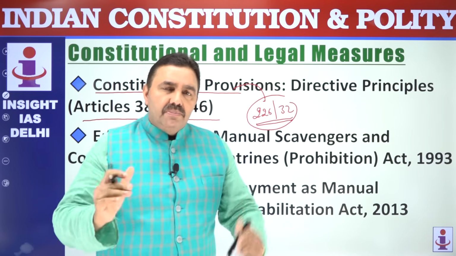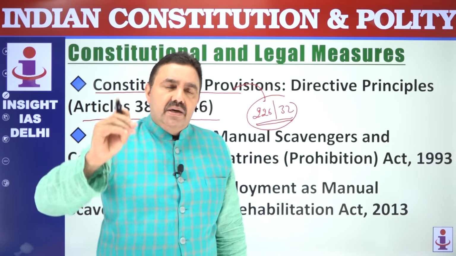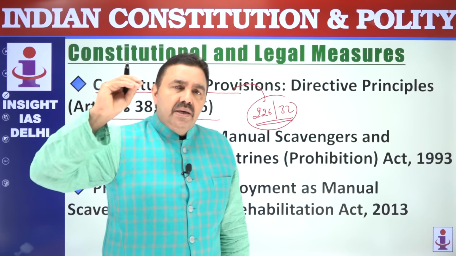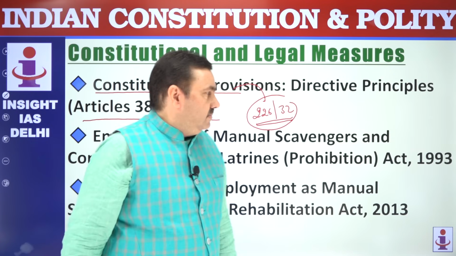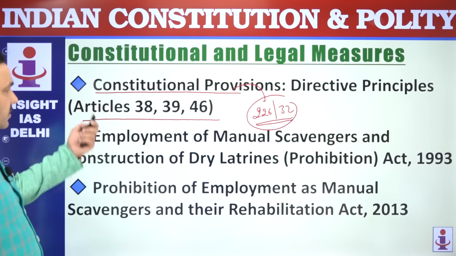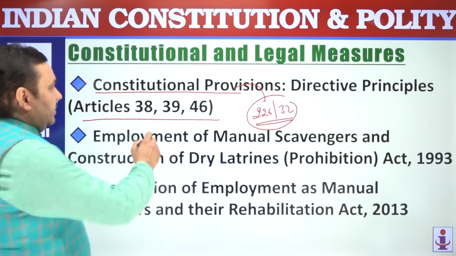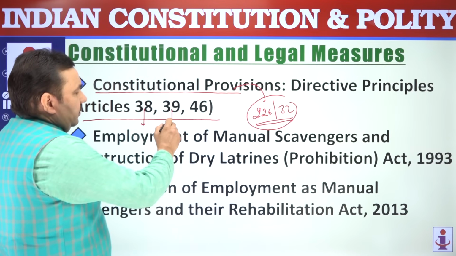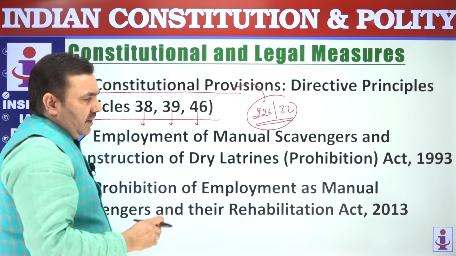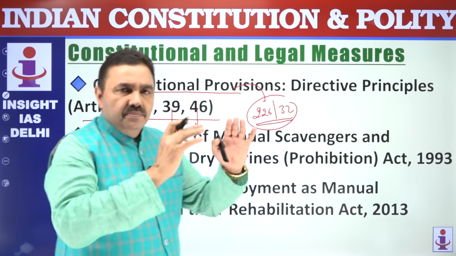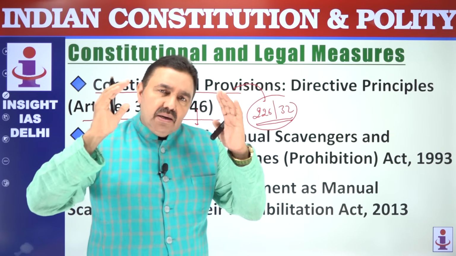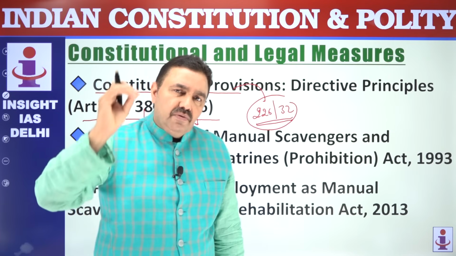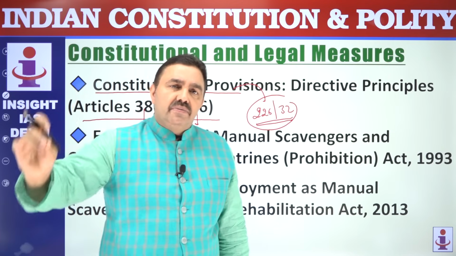So special protections granted by Article 226 and Article 32 are available if somebody is made to indulge in such unclean professions. Then you have provisions of DPSPs, Articles 38, 39, 46, providing for a dignified livelihood, providing for social security, providing for a right source of earning, providing for redistribution of resources.